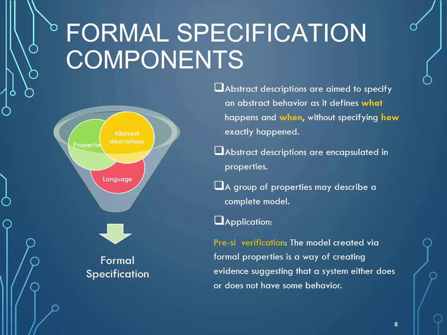Second, as I said, we encapsulate the behavior into properties, and the properties have abstract descriptions. Again, mathematical thinking. And with all of that, we come to this sentence: abstract descriptions are aimed to specify abstract behavior as it defines what happens and when, without specifying exactly how.